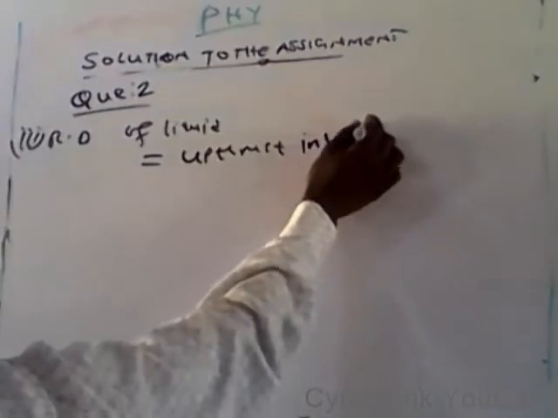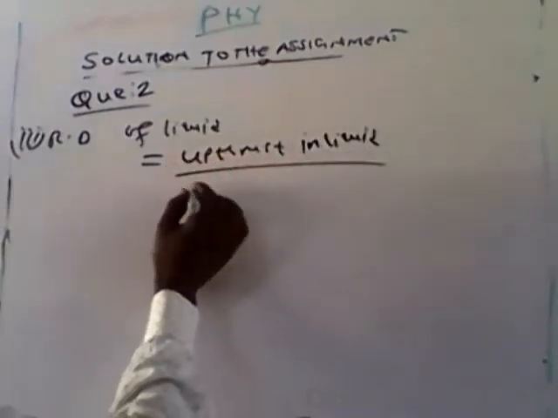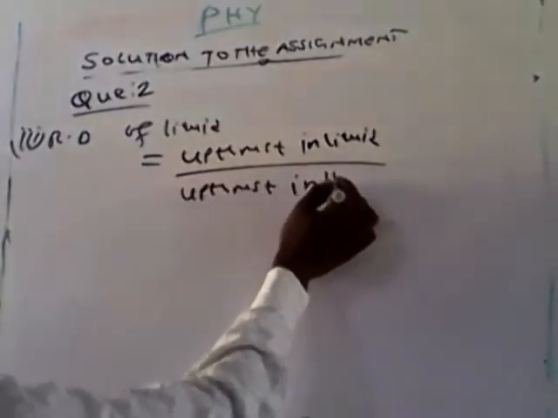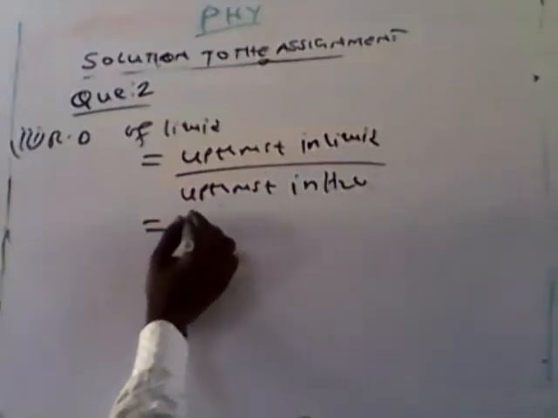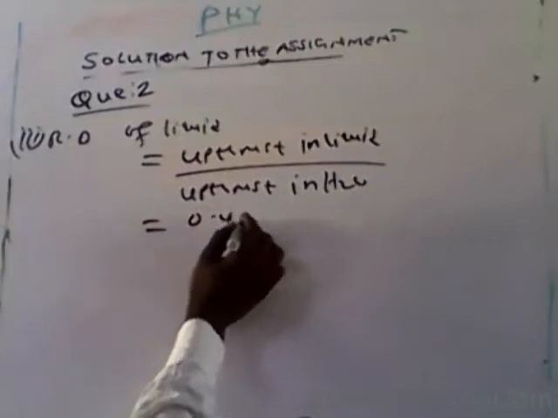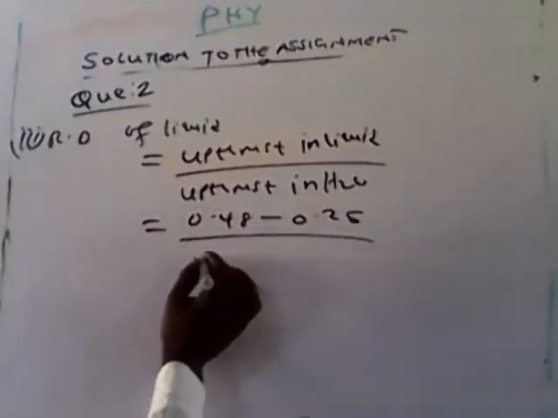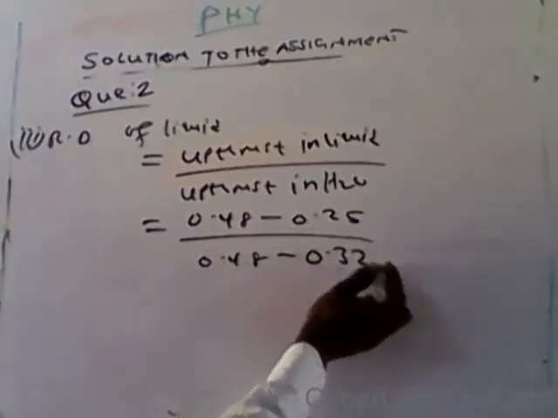over upthrust in water. So upthrust in liquid will be 0.48 minus 0.25 over 0.48 minus 0.32.